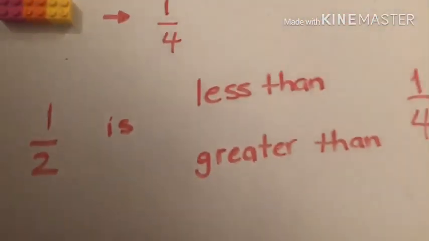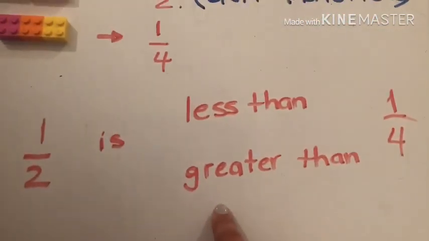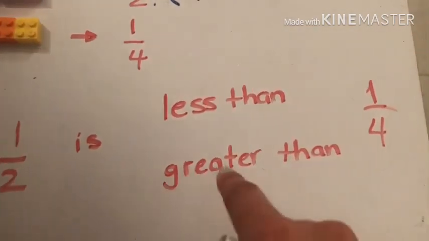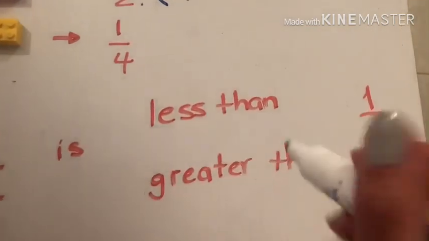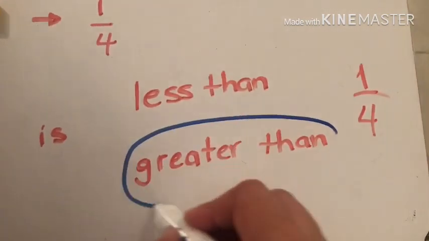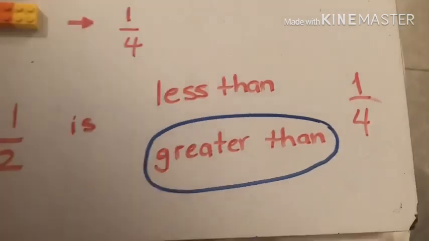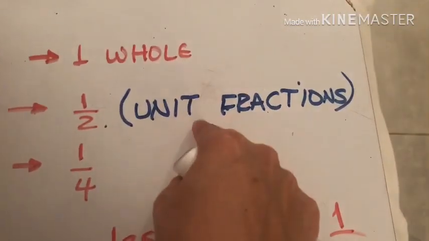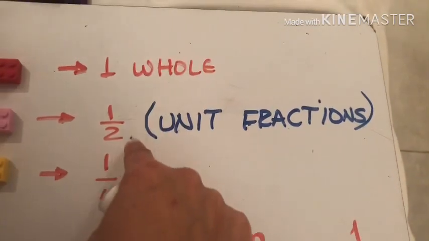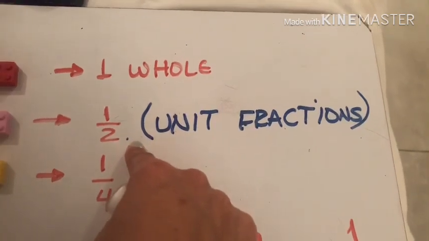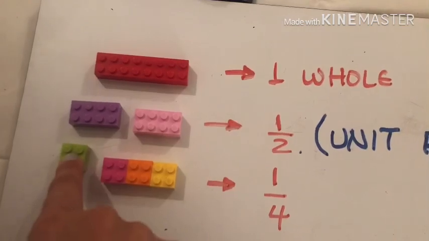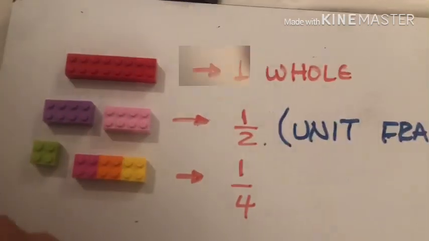So the answer for this, which one should I circle? 1/2 is less than 1/4, or 1/2 is greater than 1/4? Of course it's this one. 1/2 is greater than 1/4. Remember, when you have unit fractions, the smaller denominator is the biggest piece.